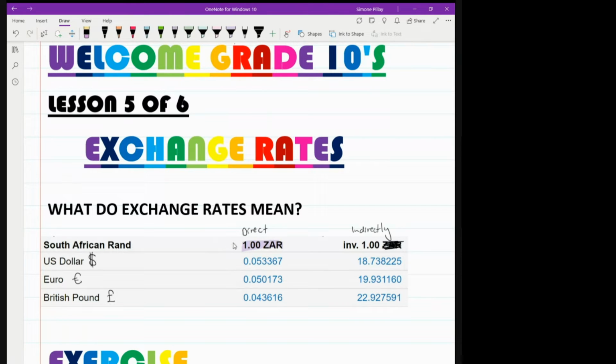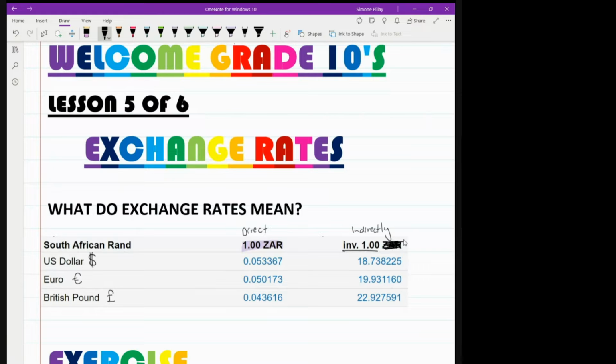Now, when we look at an indirect exchange rate, what it tells us is, for every 1 foreign currency unit.